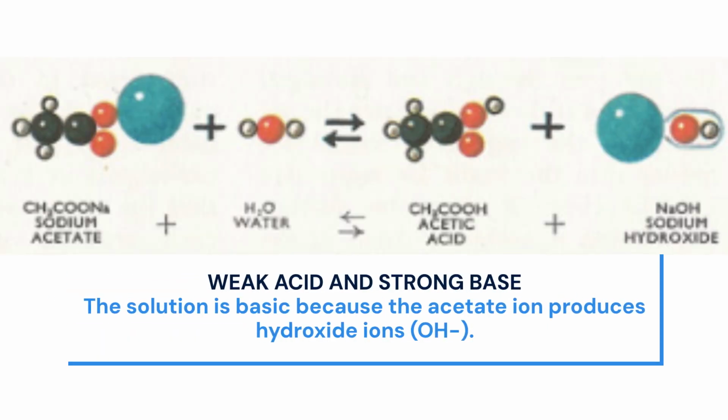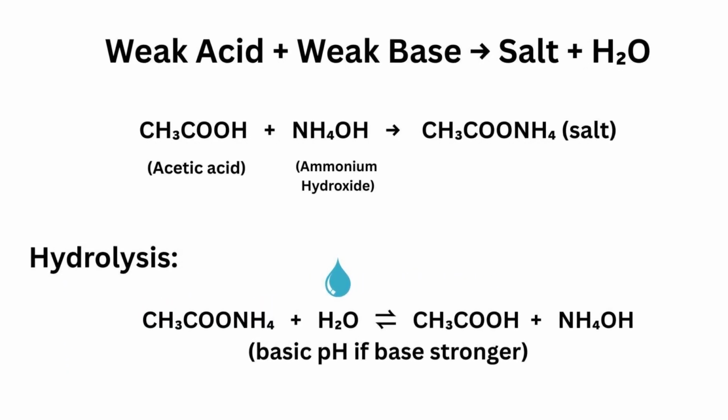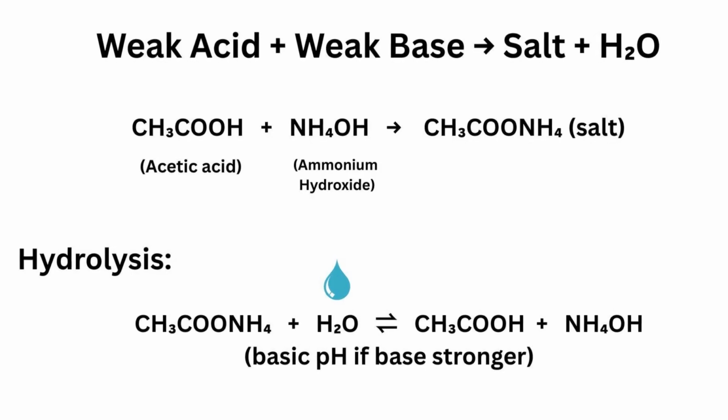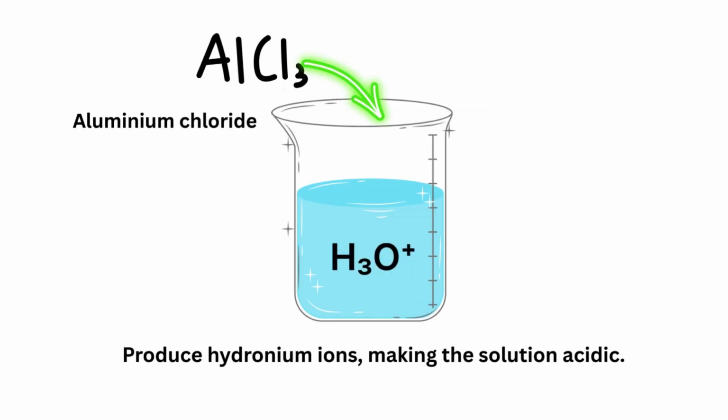Salts from a weak acid and a strong base, such as sodium acetate, make the solution basic because the acetate ion produces hydroxide ions. If a salt is formed from both a weak acid and a weak base, the pH depends on which one is stronger. For example, washing soda, which is sodium carbonate, makes water basic, while aluminium chloride makes water acidic.